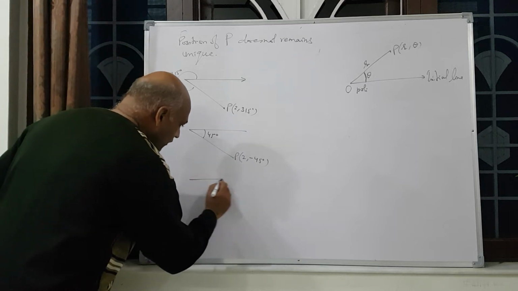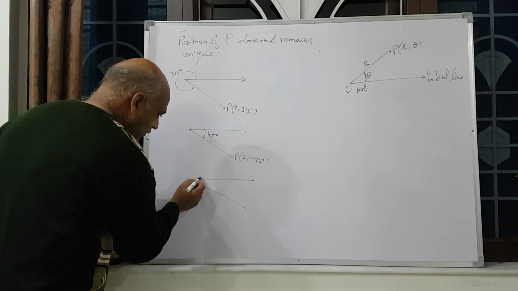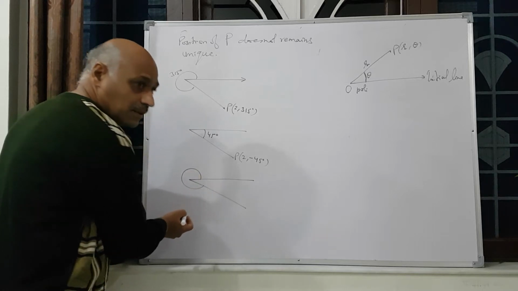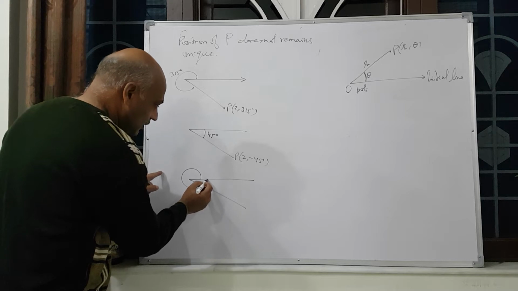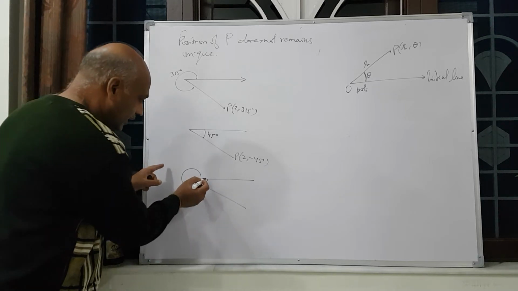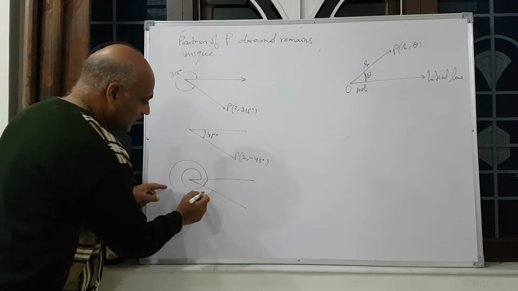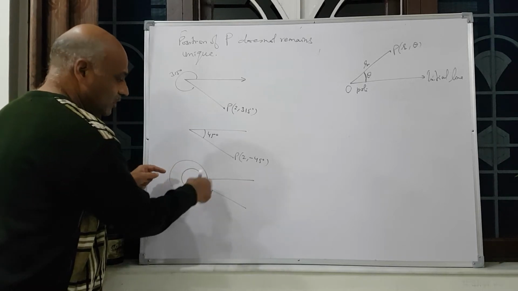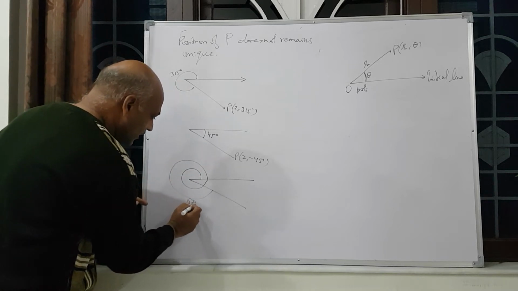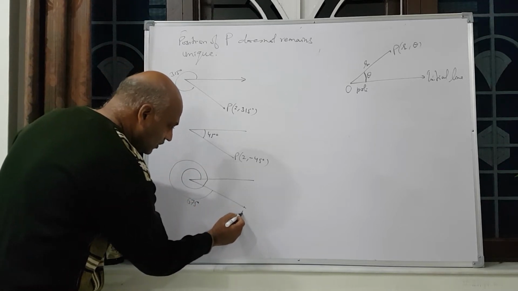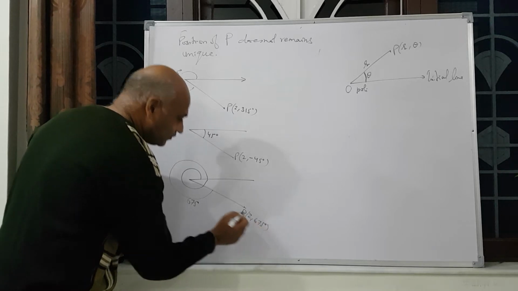Or you can say, this is one round, 360, and then the second round is this. So what is the angle of this one? One round is 360 and the 315 means 675. So the position of P is 675.